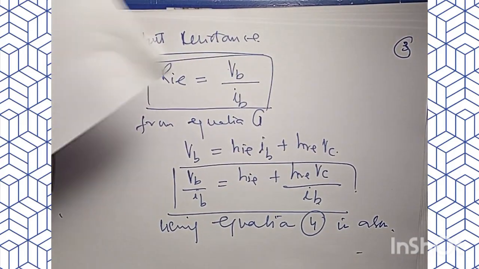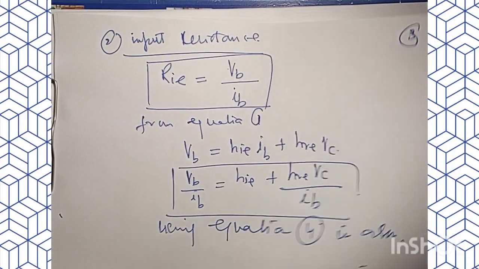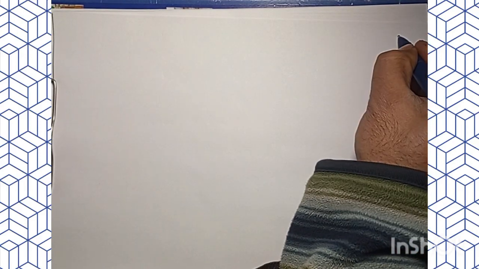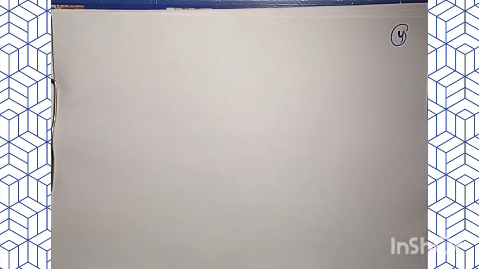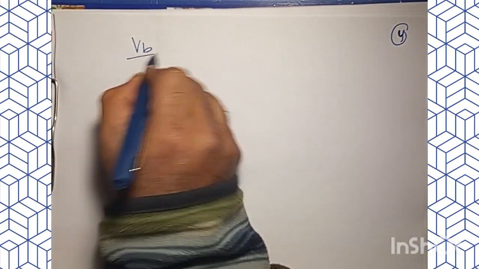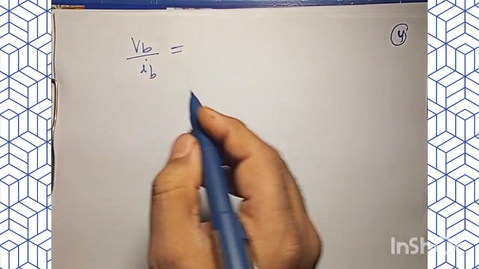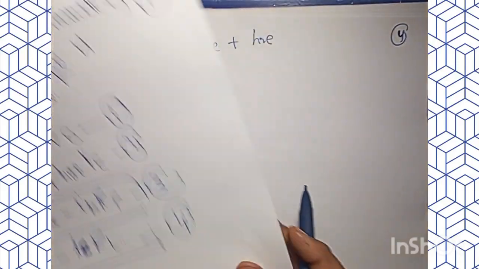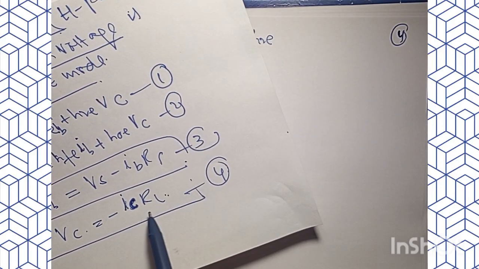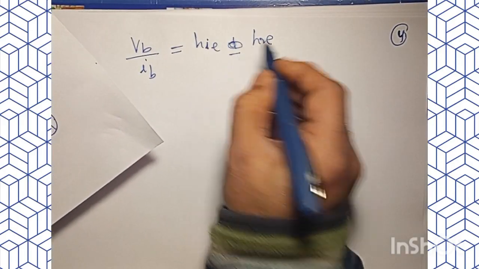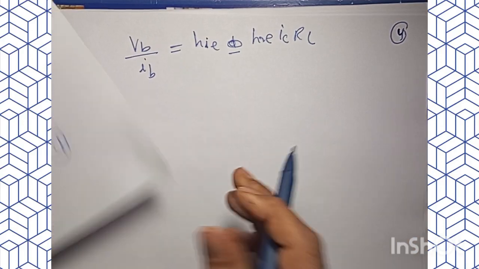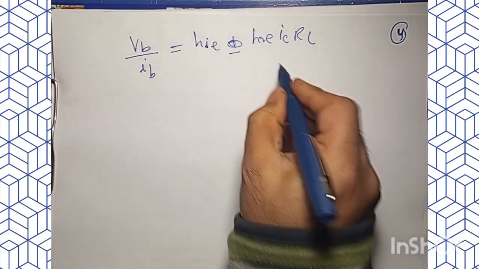If I do that, what I'm going to get is VB by IB equal to HIE plus HRE, and instead of this VC, I will have ICRL, so this will become minus HRE ICRL divided by IB.